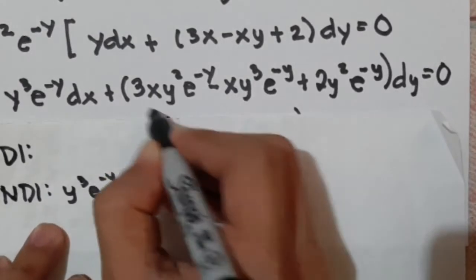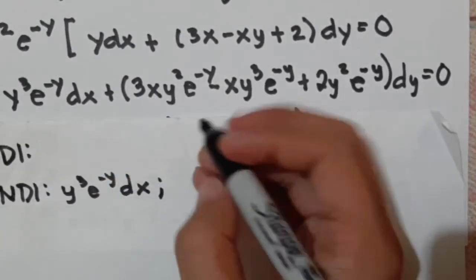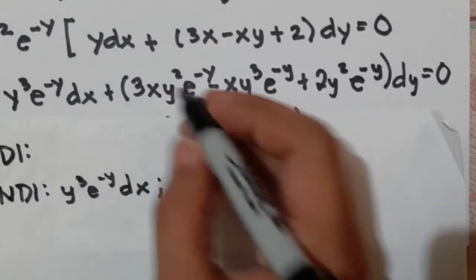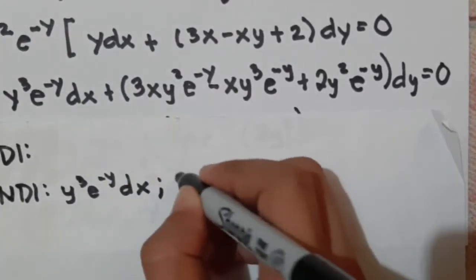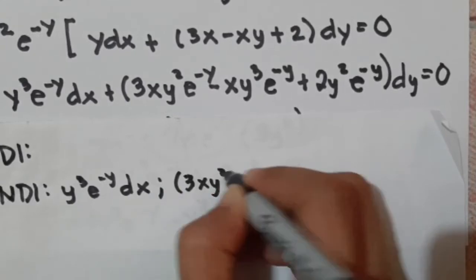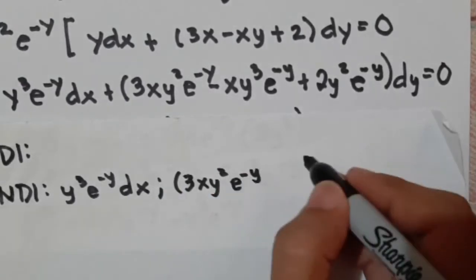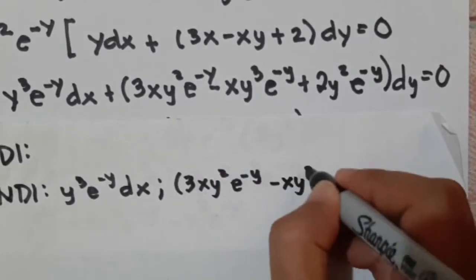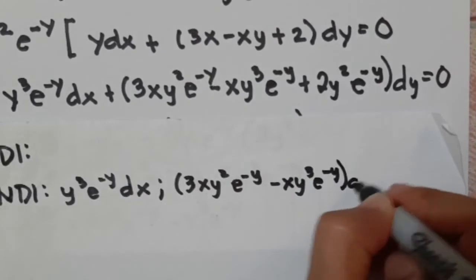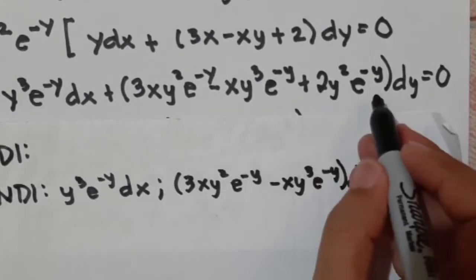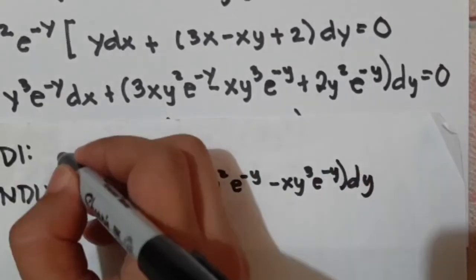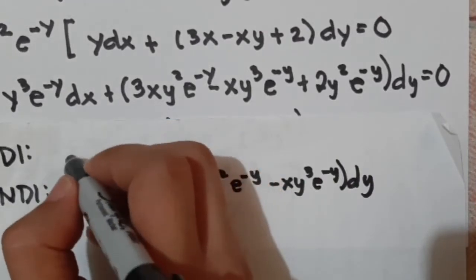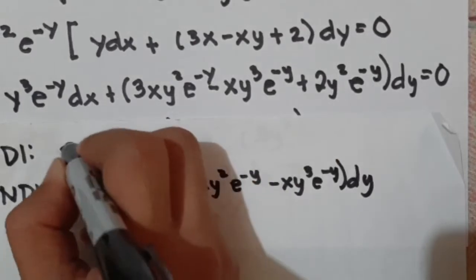Next, 3xy squared e negative y, we have x and y, so it is not directly integrable. Next, negative xy cubed e negative y dy also has x and y. Then the last term, 2y squared e negative y dy, will be the direct integrable.